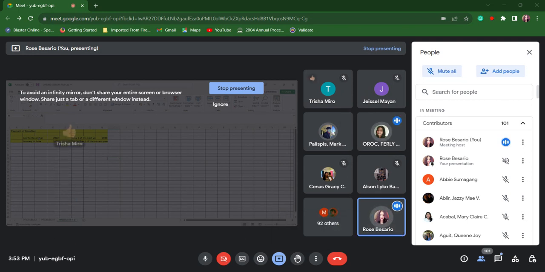So kani siya, murang istorya 'di ba? So kani siya is previous year. This is current month 2023. Mo ni ato ang concern karon 2023. Okay? So bali ang katong royalty nga dapat bayaran unta pag July to December or na-earn sa July to December will be paid May 1. Nakuha?